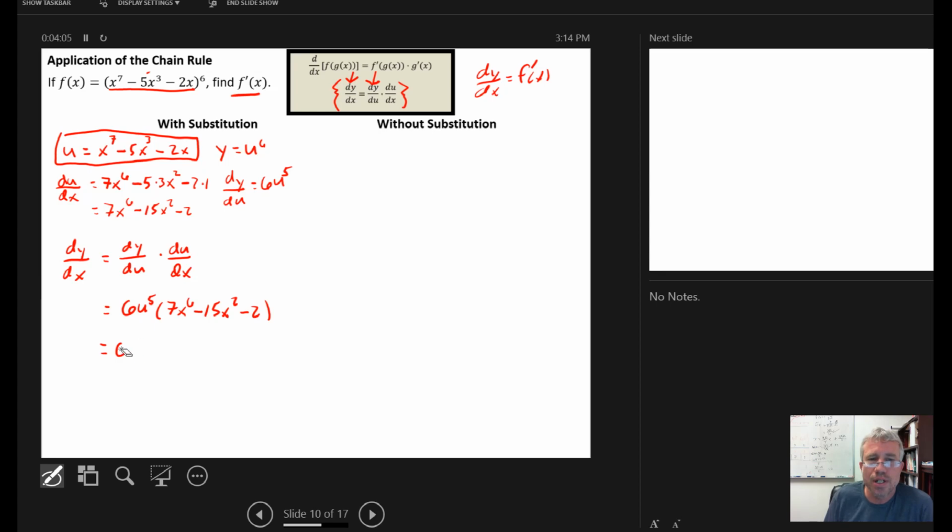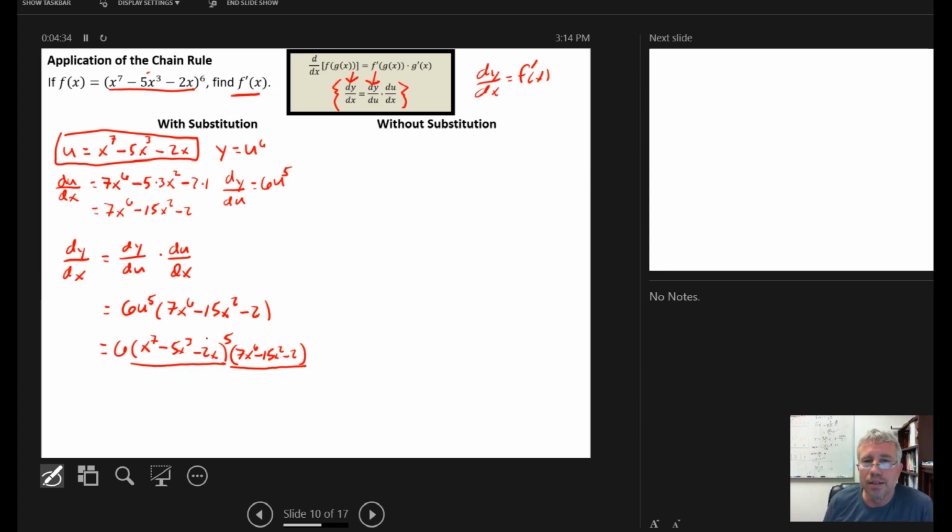So it's going to be 6 times u to the 5th power, but u is just equal to x to the 7th minus 5x cubed minus 2x, and then it's times the 7x to the 6th minus 15x squared minus 2. And then I'd leave it like this. It's in a factored form, and factored forms are usually nice forms to have functions in.